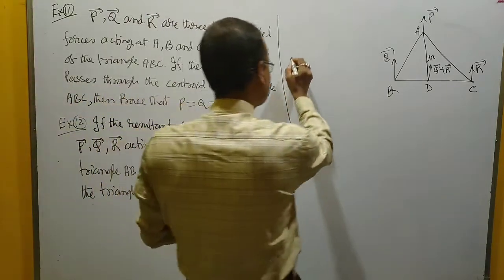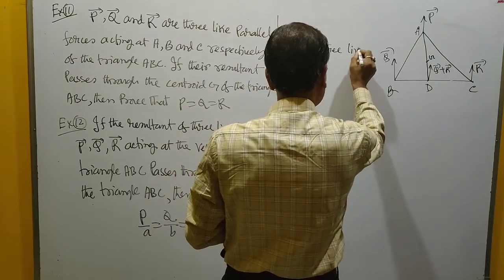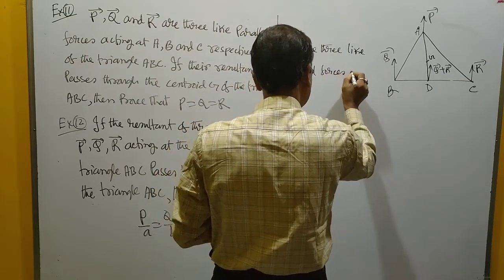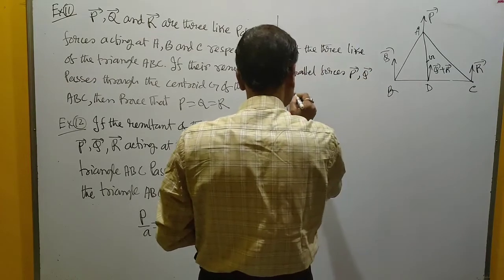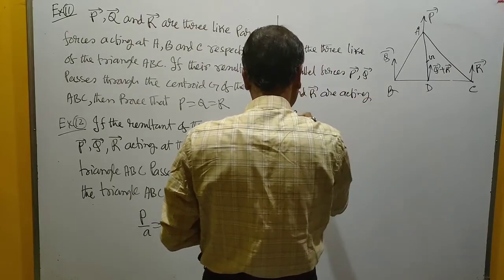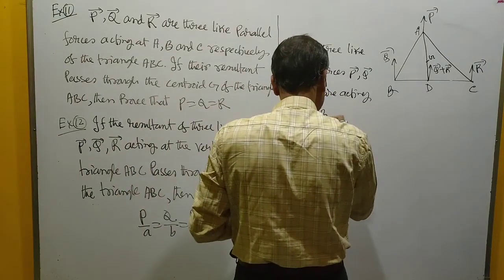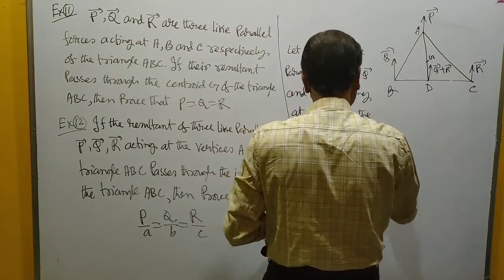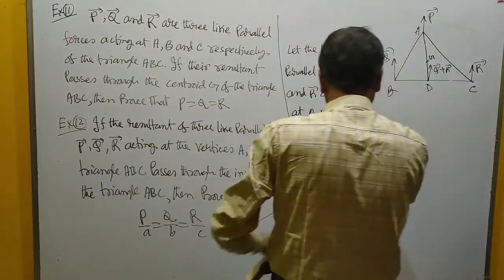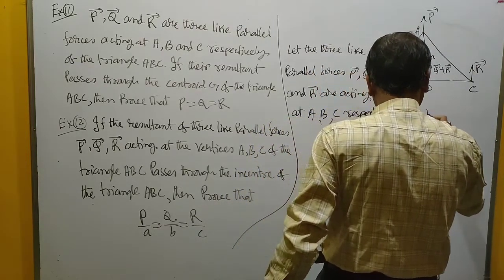Let me write first: let the three like parallel forces P, Q and R be acting at the vertices A, B, C respectively of the triangle ABC.